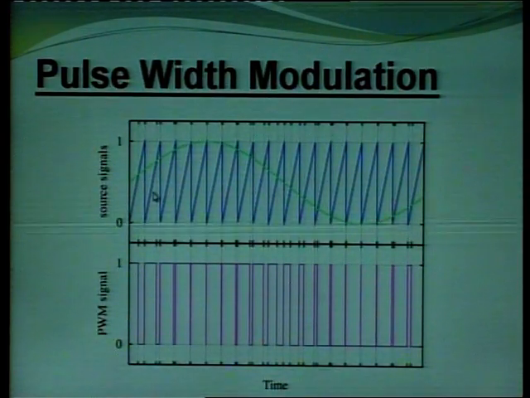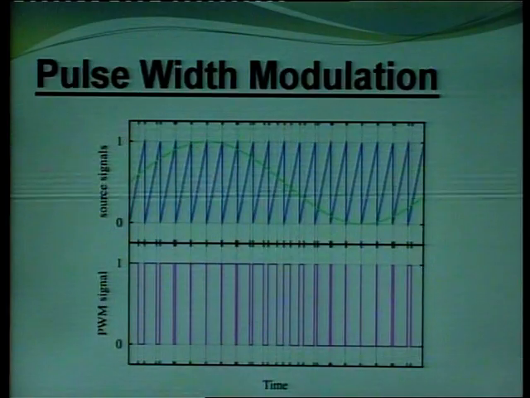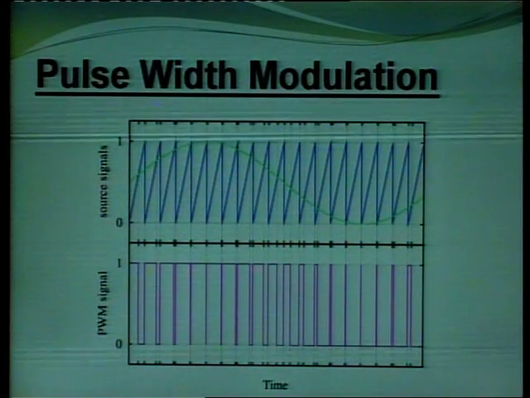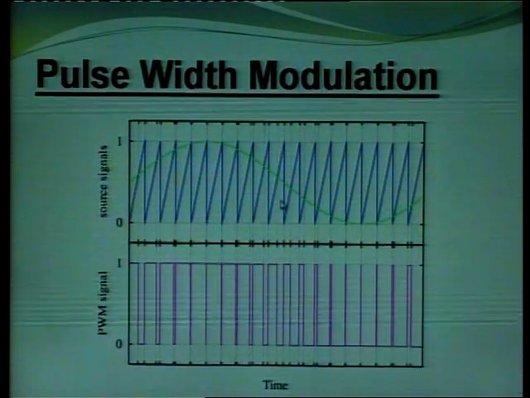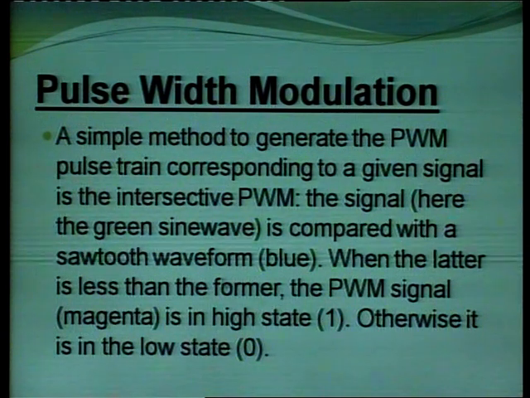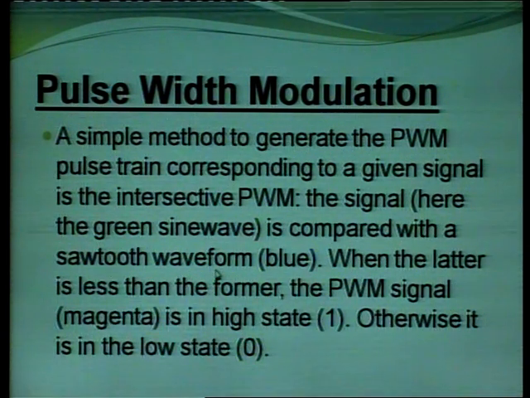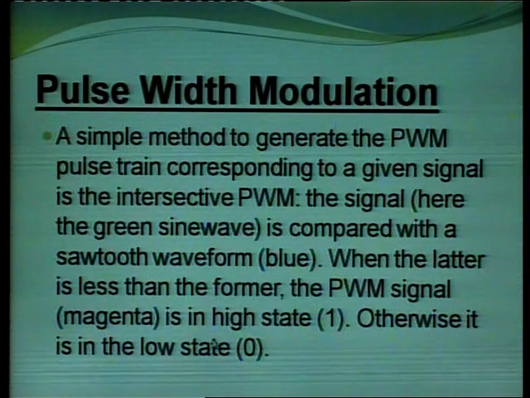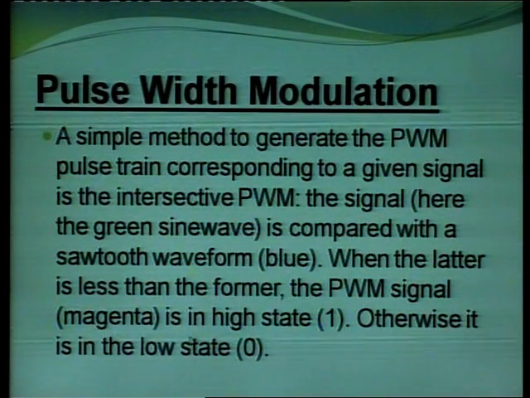So two signals are compared: one is the sawtooth waveform that represents the carrier signal here, and the other one is the modulating signal, that is in green. When the latter is less than the former, when the sawtooth waveform is less than the sine wave, the PWM signal, which is magenta in this case, is high.